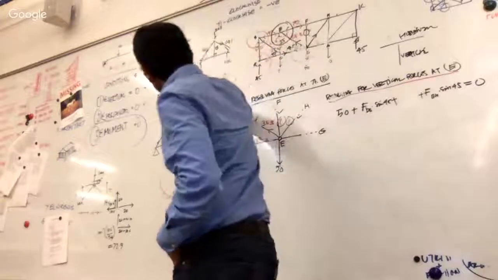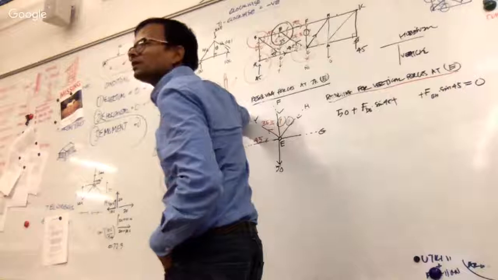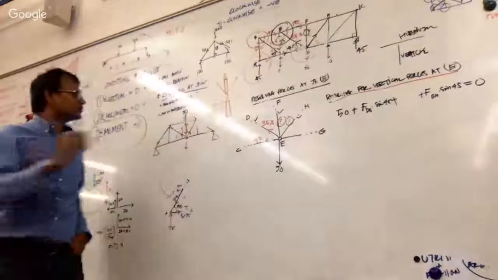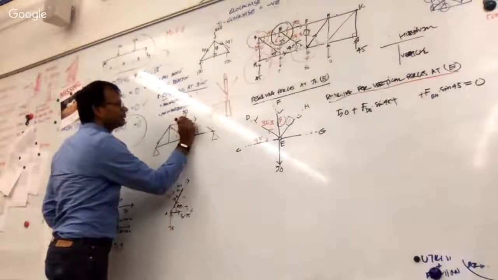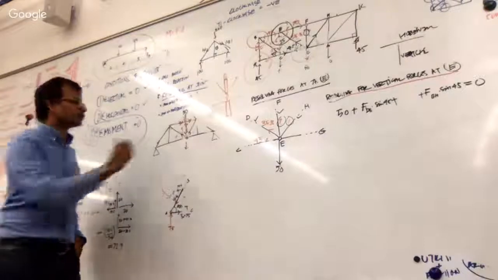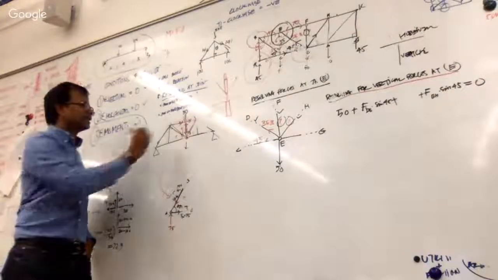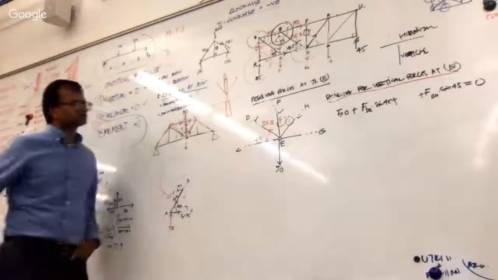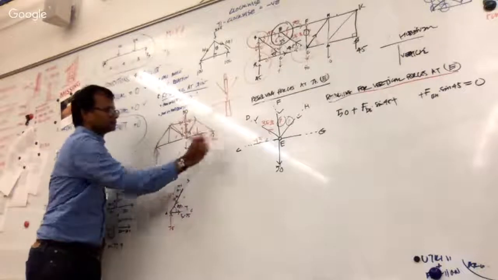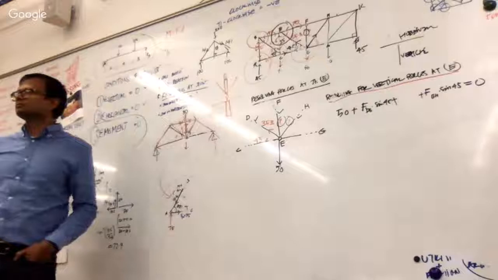But here, as soon as it touches this point, it will not go sideways. It can't go sideways, right? So it will go down, and then it's going to get pulled back up, and then it's going to get pulled back down like this, and then it's going to get resisted like that. And these members are just not taking any load.